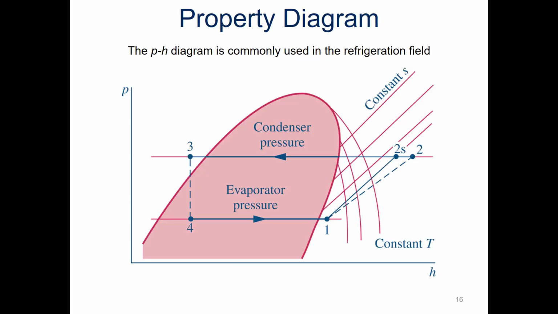All right, new property diagram here, mainly because of its convenience. This is a P-h diagram. It doesn't look at acidity or basicity when we think about pH, but it looks at pressure versus enthalpy. The reason we like this is because from 1 to 2 we have an isentropic process, or could have it. It might shift a little bit to the right.